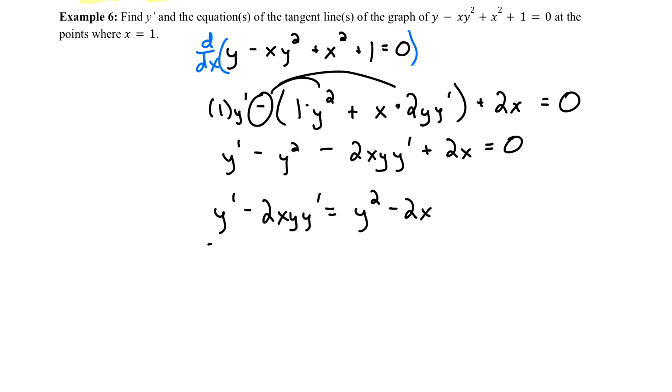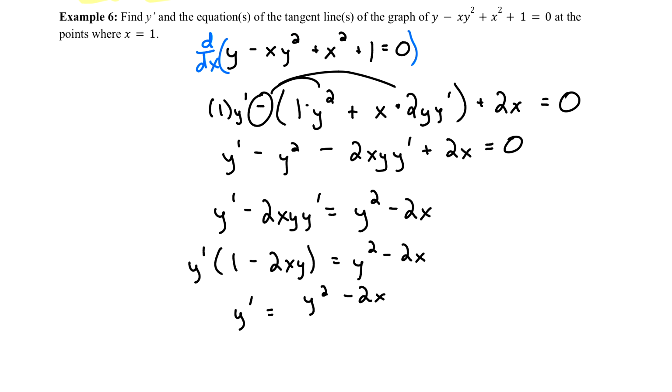Now I can factor out a y prime from that left-hand side of the equation, and that'll leave us with 1 minus 2xy is equal to y squared minus 2x, and then we can finally just go ahead and divide. So y prime is equal to y squared minus 2x divided by 1 minus 2xy.